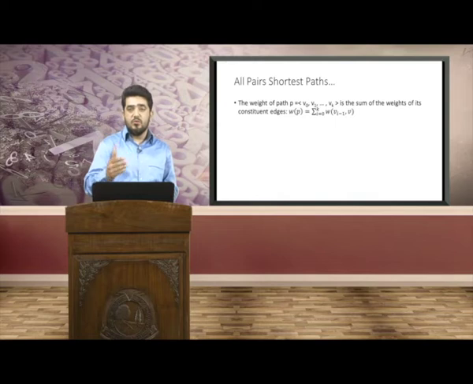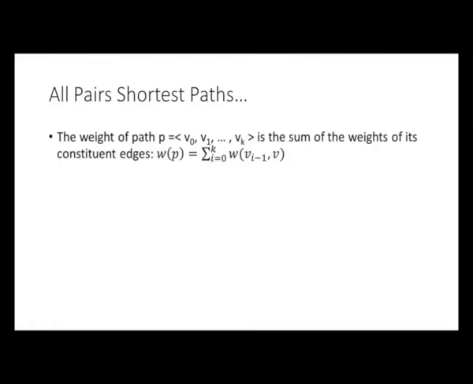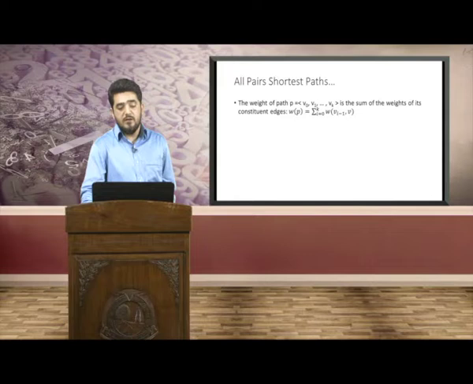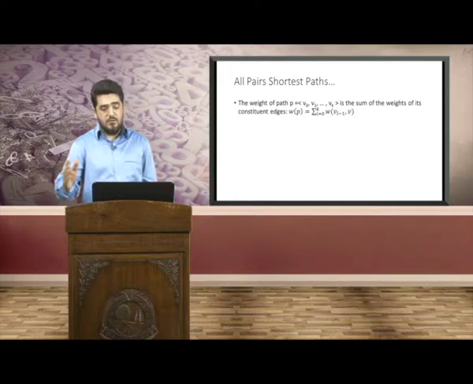Some of the basic notions that we'll be using in our algorithm are the weight of a path. As you can see on the slide, any path between a pair of vertices is a sequence of vertices V0, V1 and so on up to the last vertex in the path.